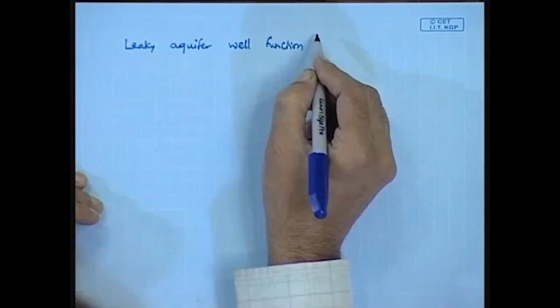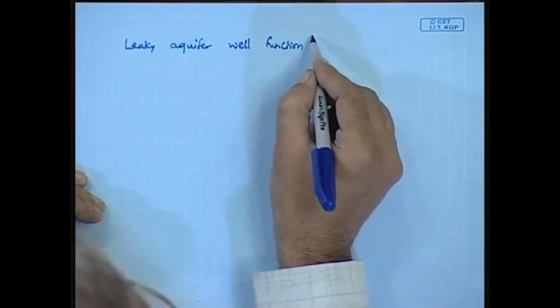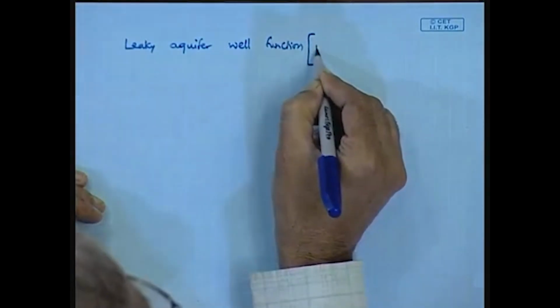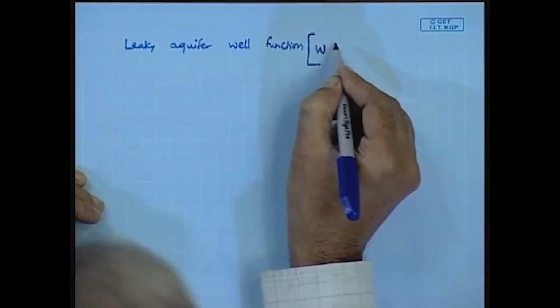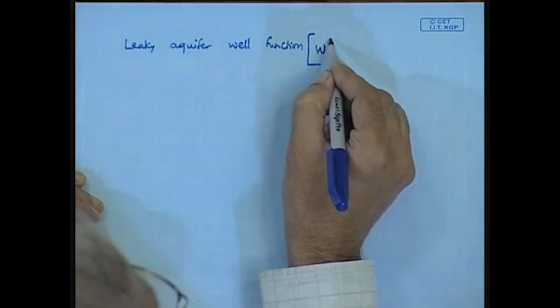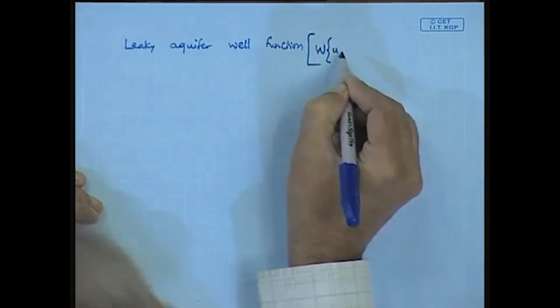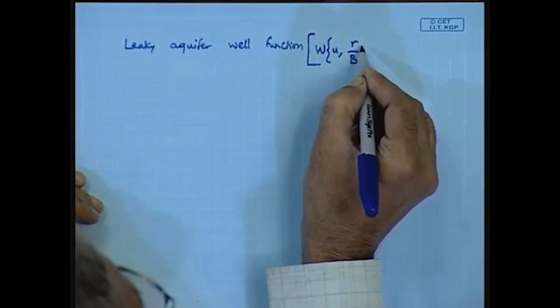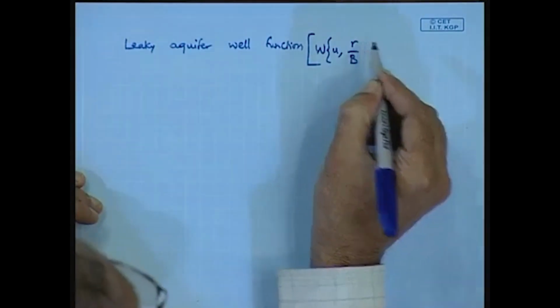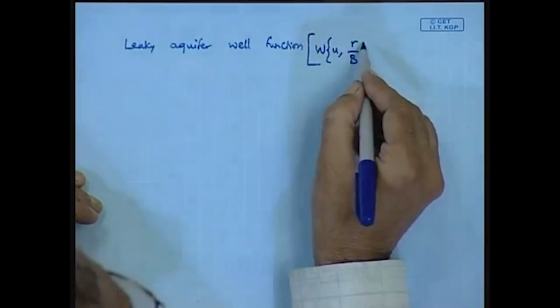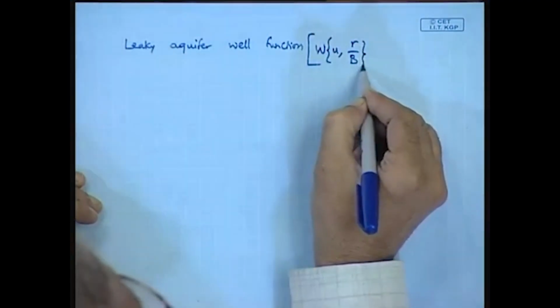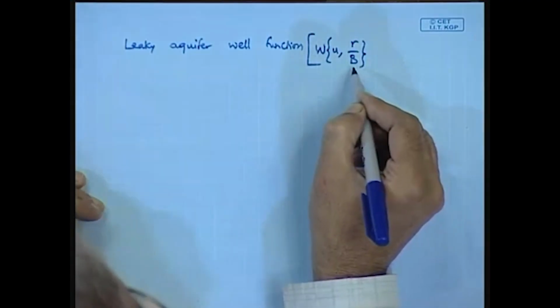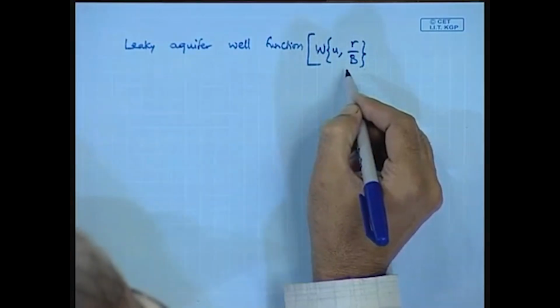It is denoted by W of U comma R by B, where this B represents an equivalent aquifer thickness.